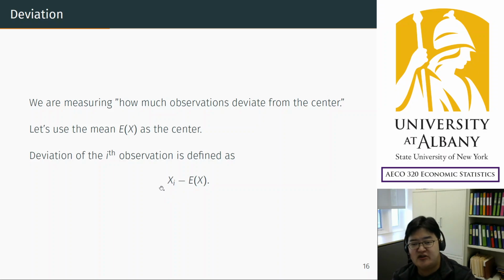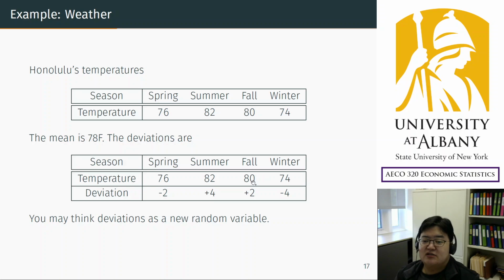So the observation is deviated from the center by that much. It can be minus or it can be plus. So let's think about the weather example again. Let's take Honolulu, and suppose that for simplicity you observe four temperatures, one from each season: spring, summer, fall, winter.